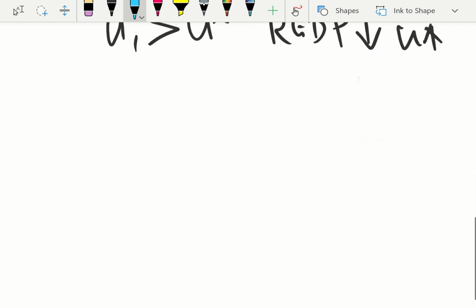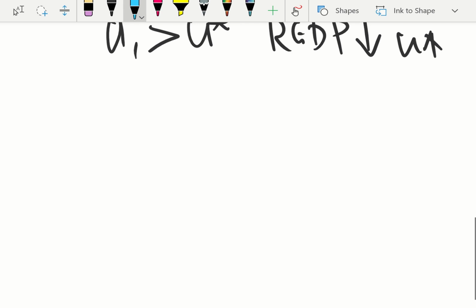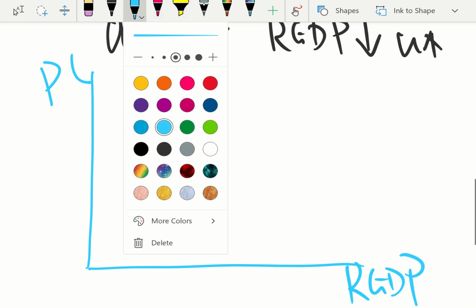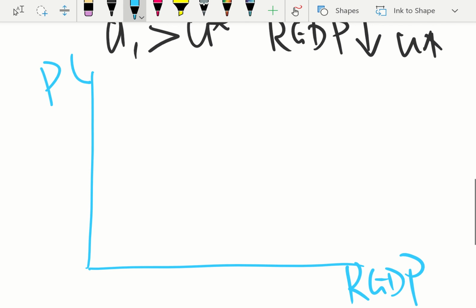Now the expansion looks very similar too. So for the expansion, we'll have the price level, we'll have the real GDP, and then we have our long run equilibrium, or our long run aggregate supply curve.